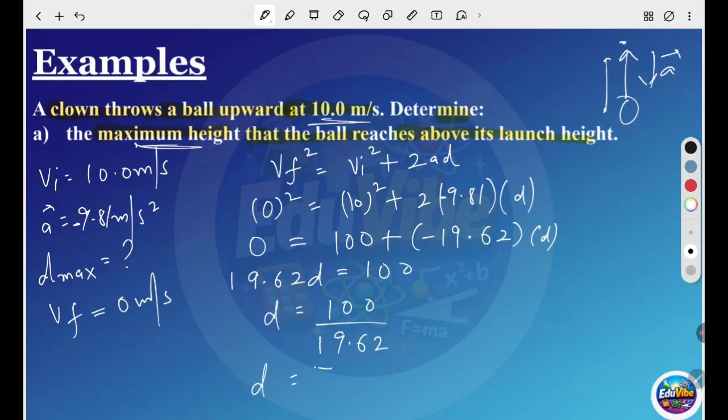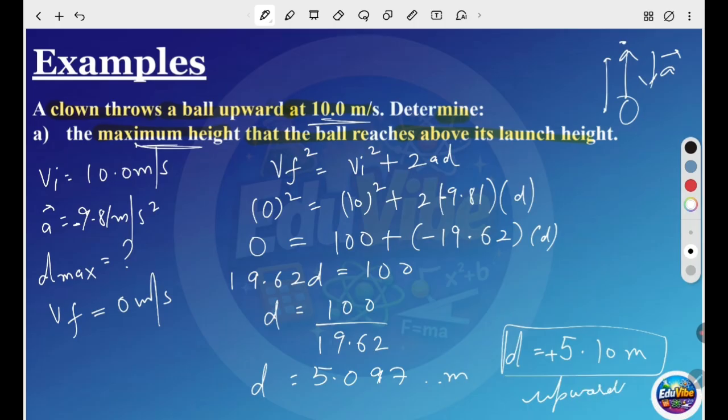We get 5.097 meters, so d is 5.1 and it is positive, so it goes upward. So this is our distance, that maximum height.